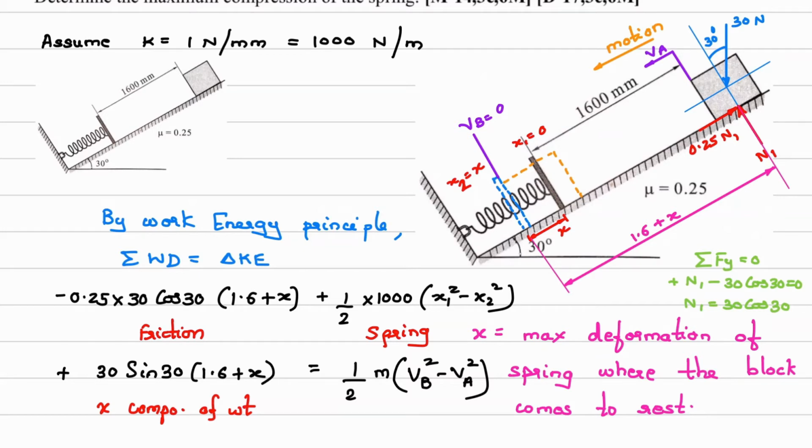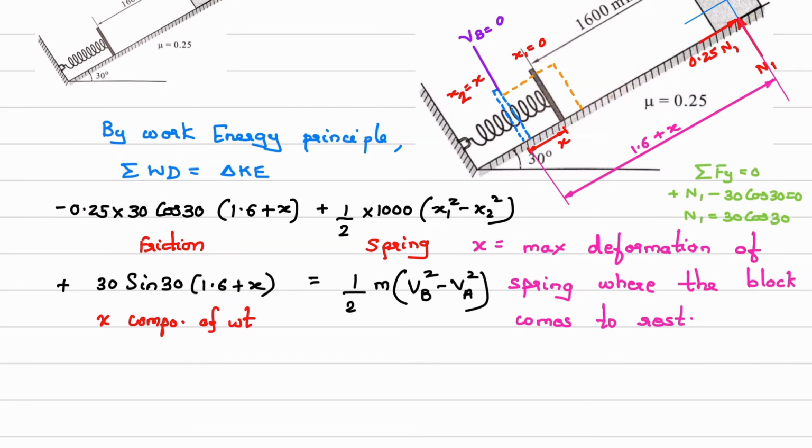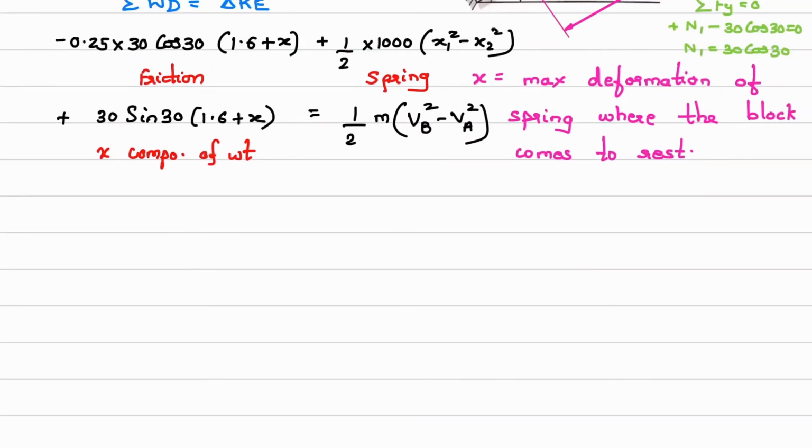Now simplify this. On the left hand side, multiply this inside with 1.6 and you will get a value, minus 10.3923. Then multiply this value with x, you will get the second value, minus 6.4951x.